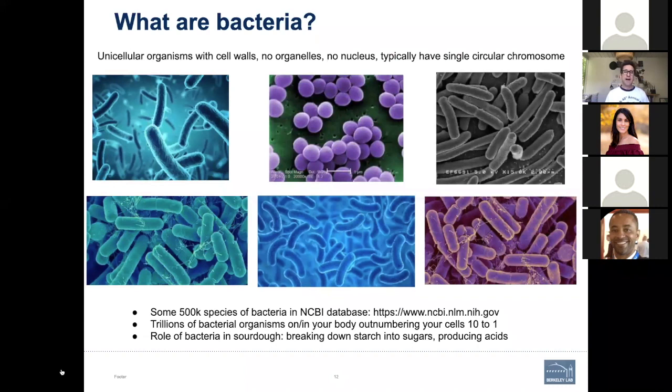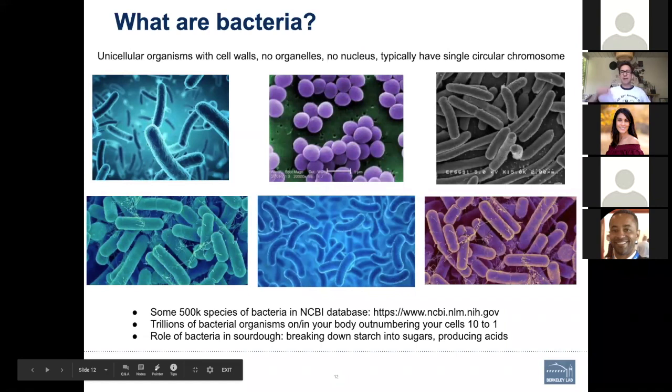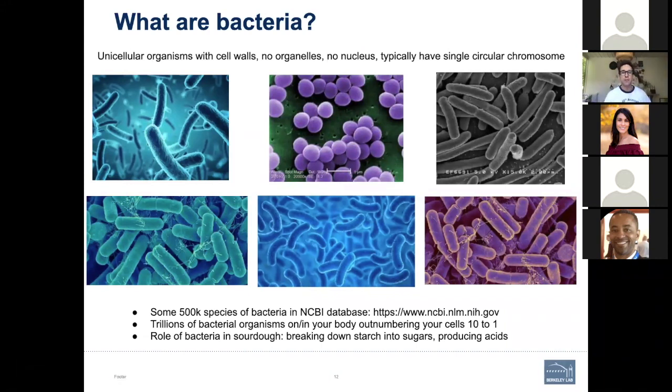There are some 500,000 different species of bacteria in the NCBI database, and as we're constantly discovering new bacteria and other microorganisms through metagenome research being done around the world, there are certainly many more bacteria out there that we don't know about.